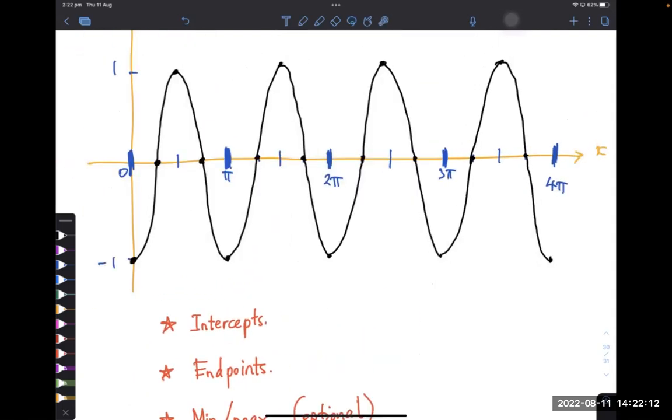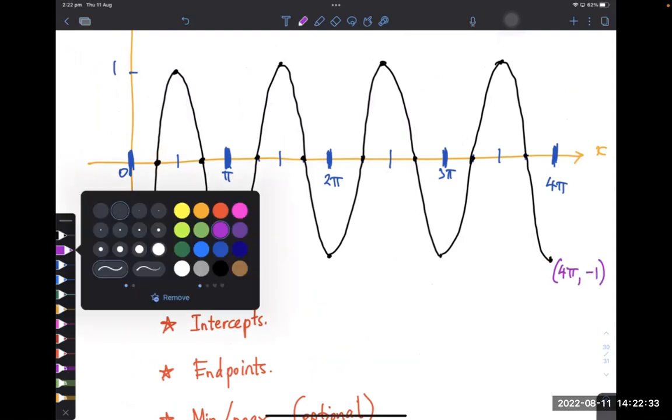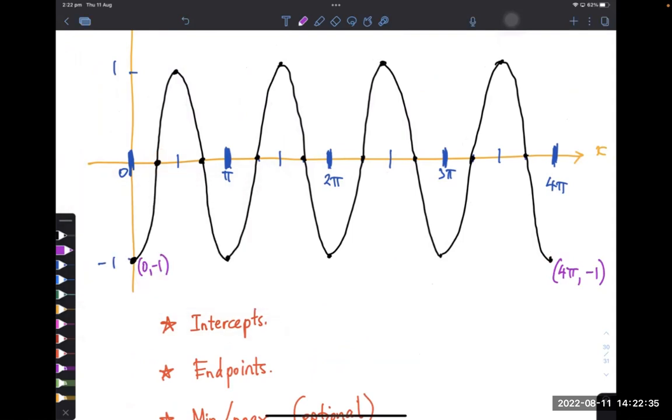So how do I actually know what this one is? Well, we can label these ones first. Let's label the endpoints. We've got 0, -1. Over on the right as well. I'm going to go with the shorter one now.